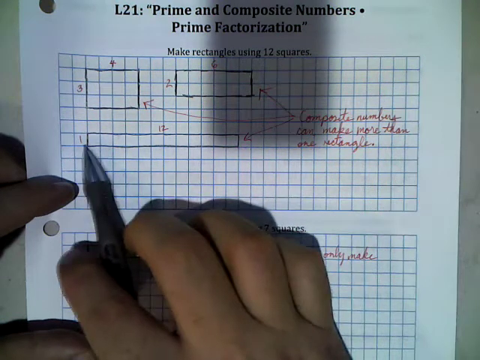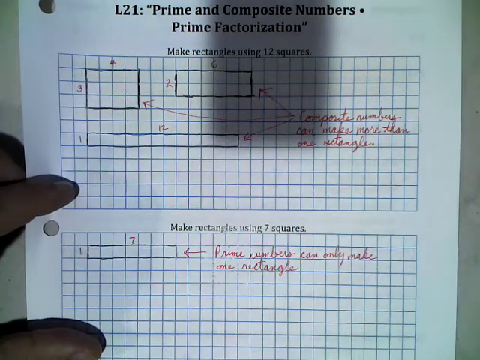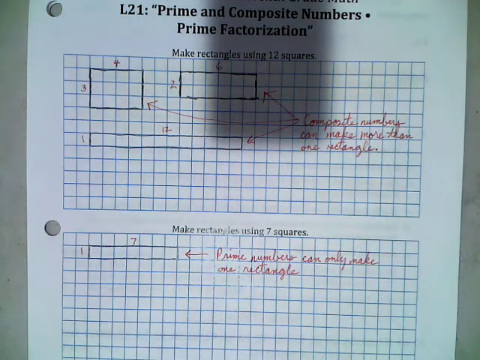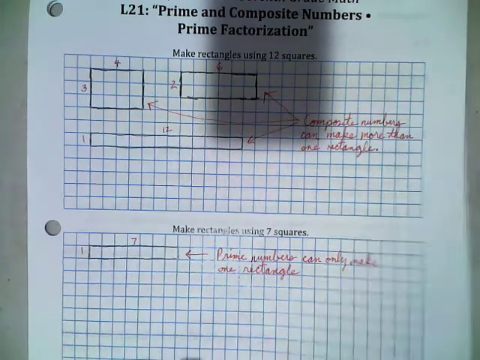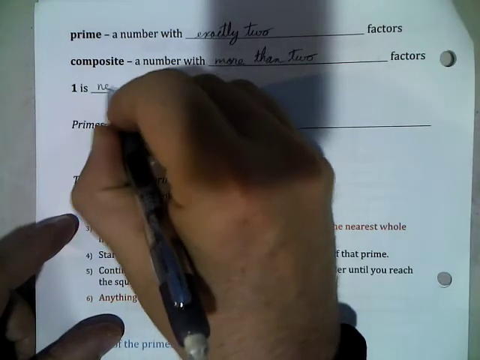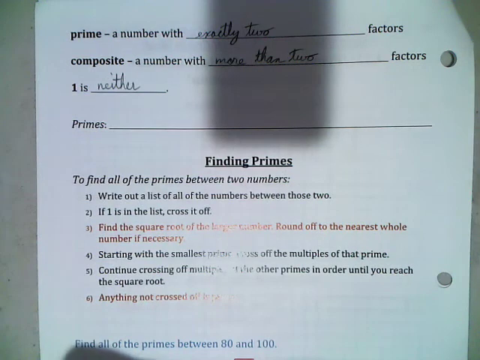So 1 and 12 are factors of 12, 2 and 6 are factors, 3 and 4 are factors. So 12 actually has a total of 6 factors. Well, that's more than 2, hence it's composite. And then finally, as we discovered on the front, 1 is neither prime nor composite.